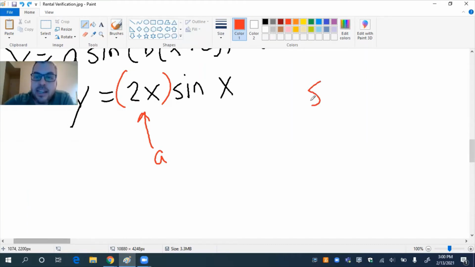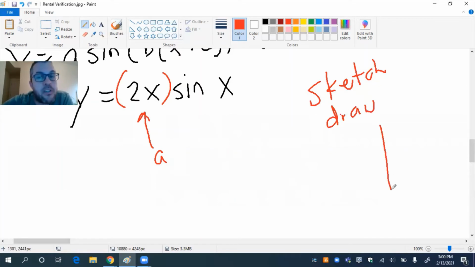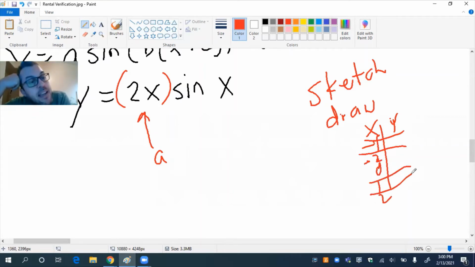And the difference between a sketch is that it's sort of like a rudimentary image of what the graph looks like, as opposed to draw. If I wanted to be more precise, I probably should use a table of values and plug in, I don't know, -1, -2, we could do 0, 1, 2 as well, and find those points to have some better precision.